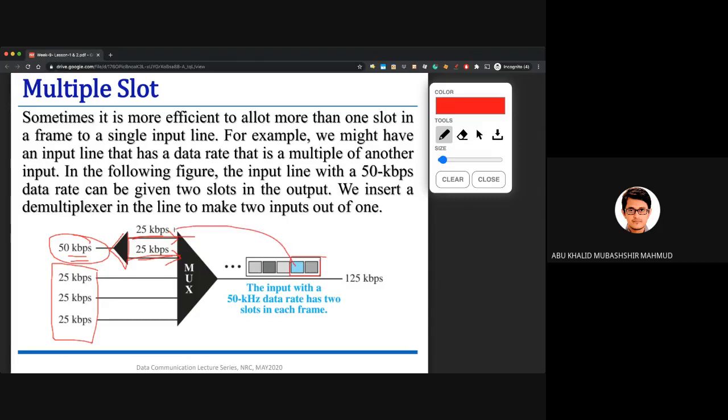So this is for these inputs, and other inputs are from these channels of similar speed. So I hope you get that. If you have any questions, please ask me in Google Meet.